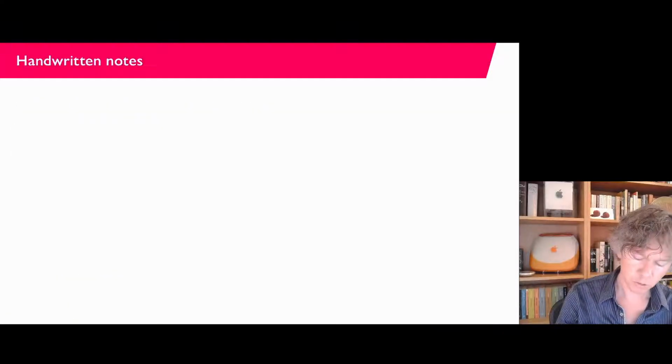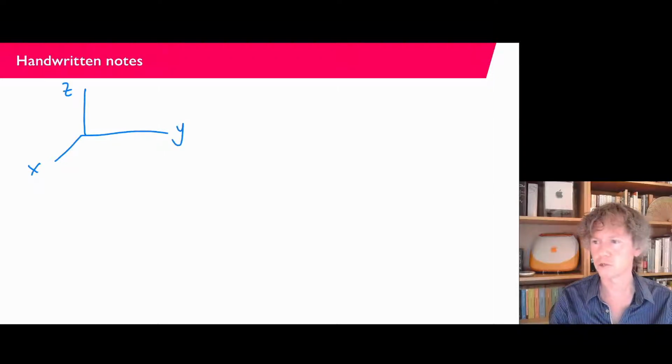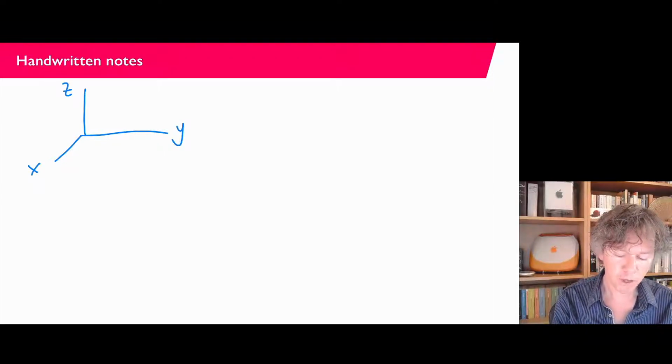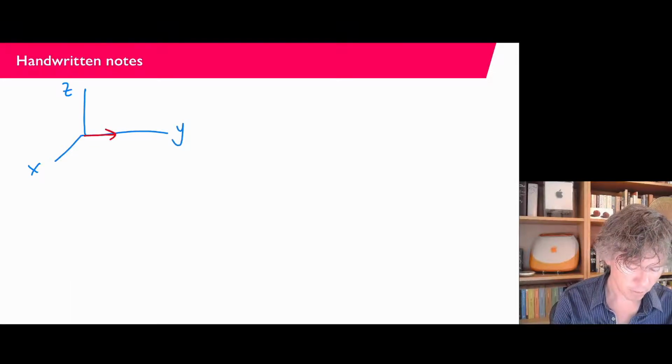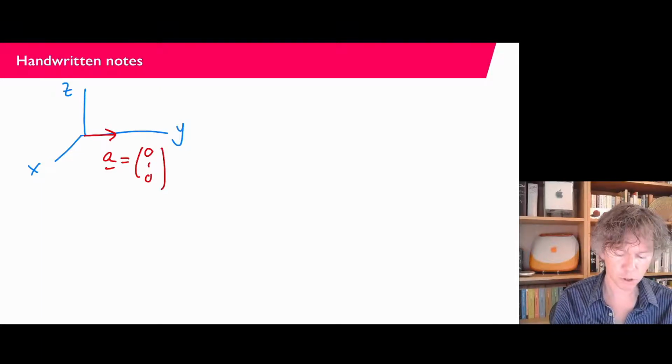So let's say that we're in space. I have an x-axis, y-axis, z-axis, and I'm going to pick two vectors, but I'm going to pick them a little bit special. I'm going to pick this red vector A, with components 0, 1, 0.